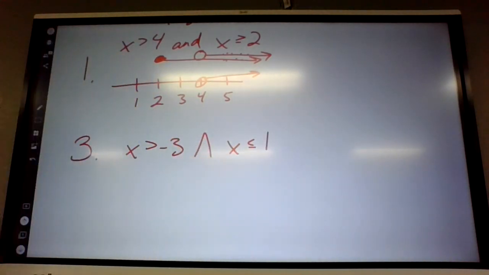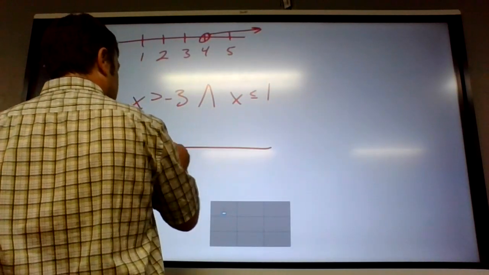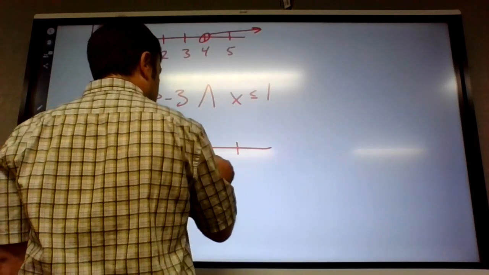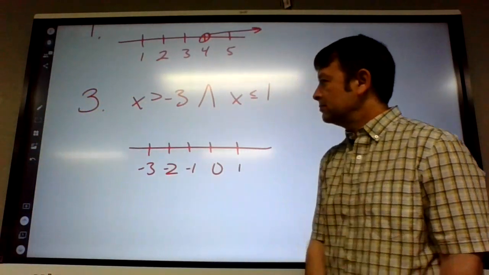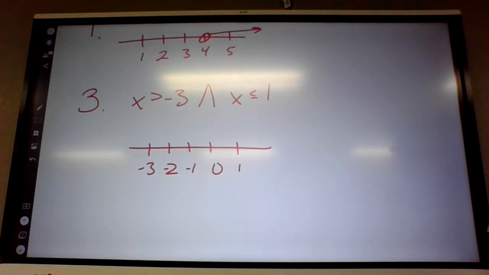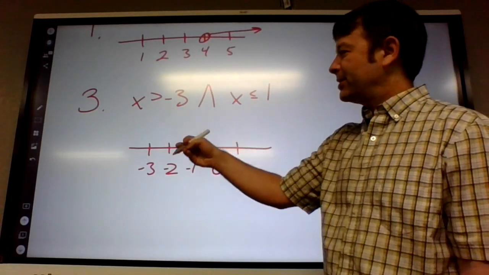All right, did I write that correctly? So we need at least negative 3 and 1 to be on the graph. Okay, what does x is greater than negative 3 look like?